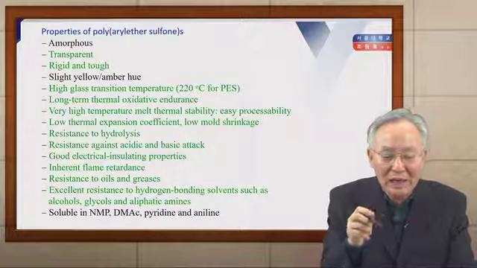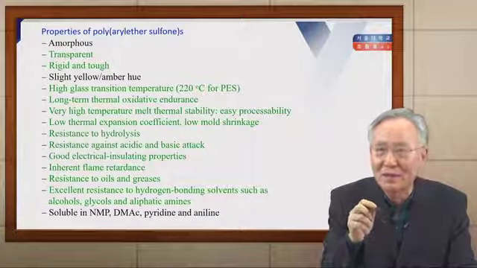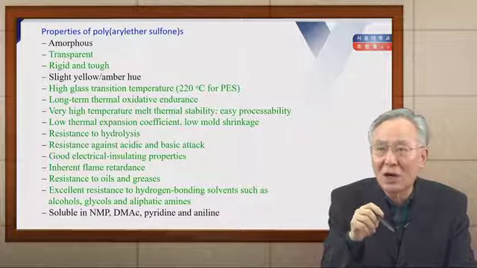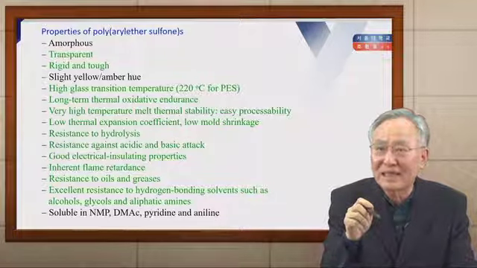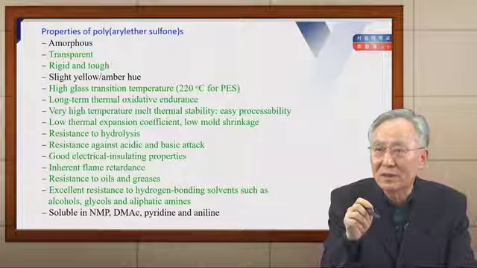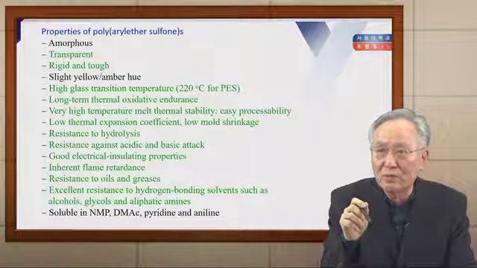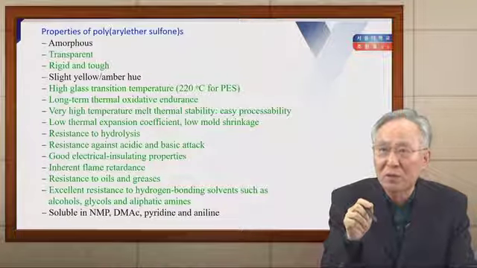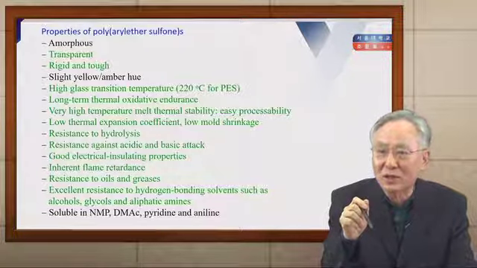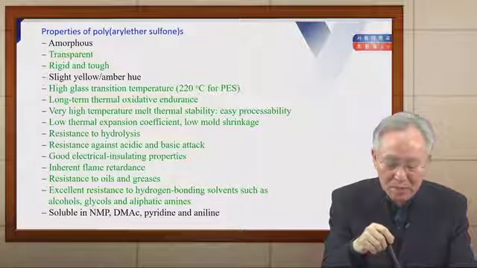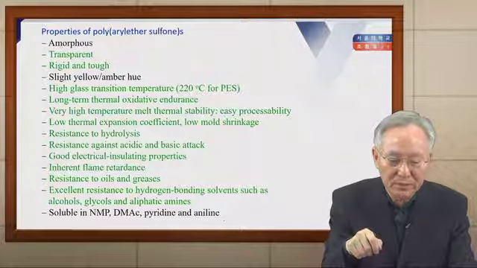So polyaryl ether sulfones are generally amorphous, and the color of polyaryl ether sulfones is slightly yellow. In other words, the plastics show an amber hue, and most polyaryl ether sulfones are soluble in N-methyl pyrrolidone, dimethyl acetamide, pyridine, and anilines.